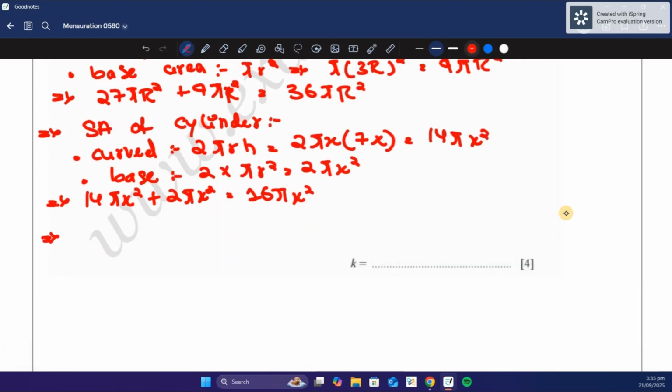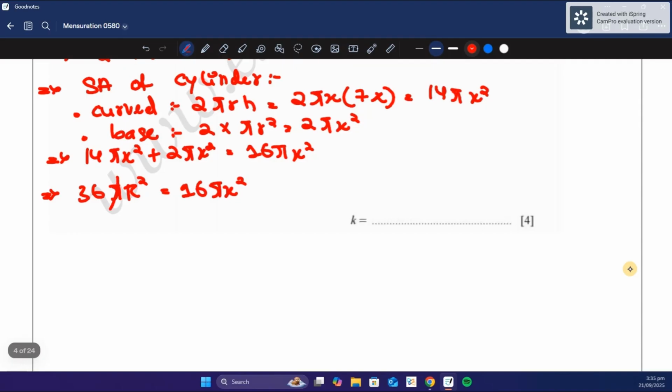So when we equate, we would get 36 pi r squared is equals to 16 pi x squared. Alright, the pi and the pi get cancelled.